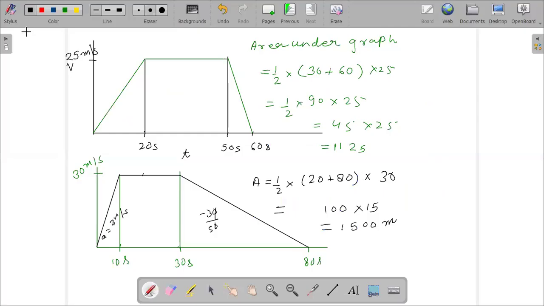So did all of you get these answers? If you are doing by the acceleration method, you must have got the acceleration for the first region as 3 meter per second square. For the downside, the deceleration will be minus 3 by 5 meter per second square. So minus 3 by 5 is negative 0.6 meter per second square. Yes, sir. Okay. So what will be the amount of distance traveled?